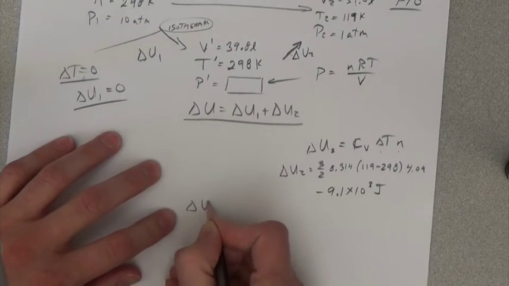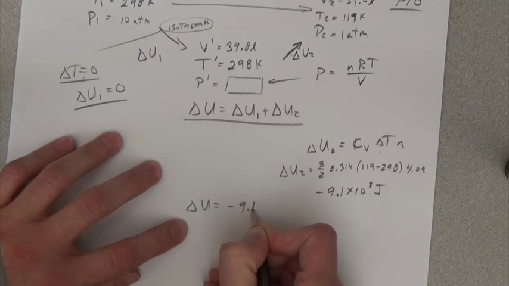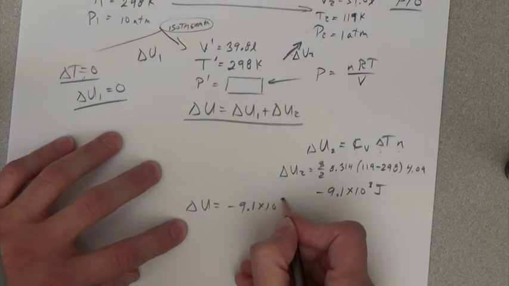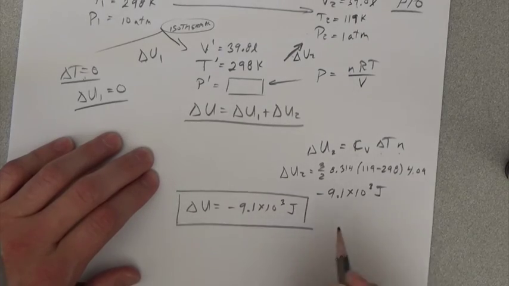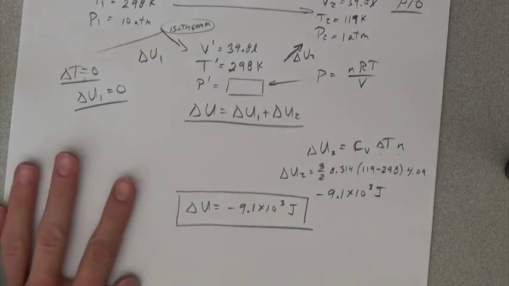So delta U equals minus 9.1 times 10 to the 3 joule. And that's the first path we're going to follow.